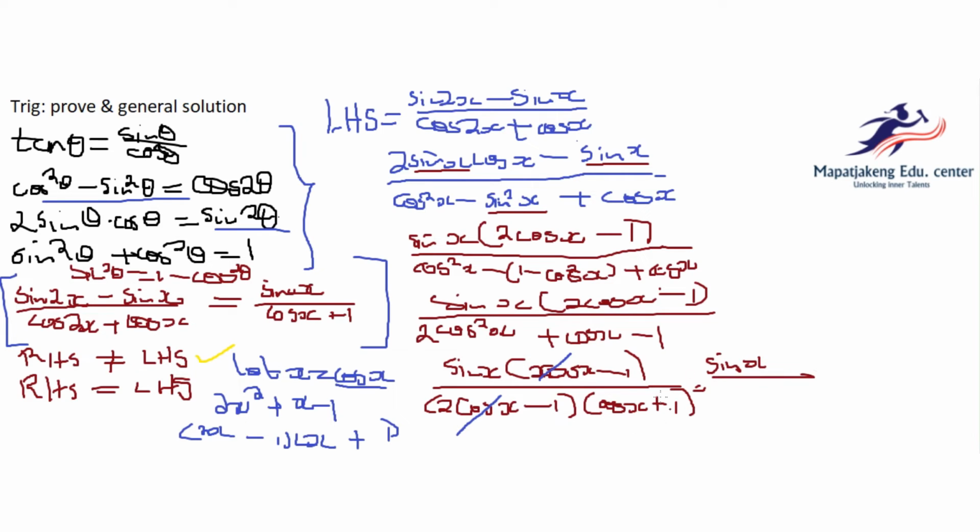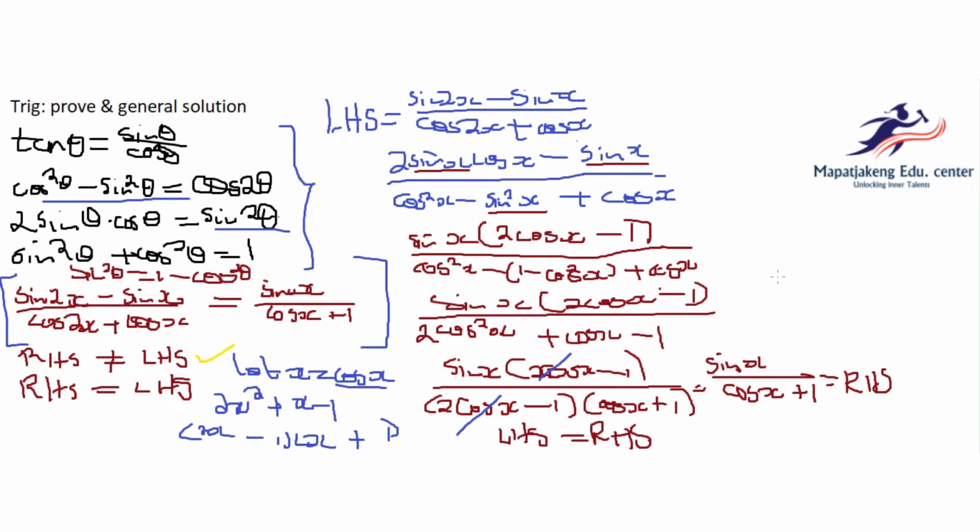Below you are left with this bracket, which is cos x plus 1, and this is equal to that. Then you can just say it's equal to the right hand side. Then you agree that the left hand side is equal to the right hand side. That's how we do it. As easy as that, right?